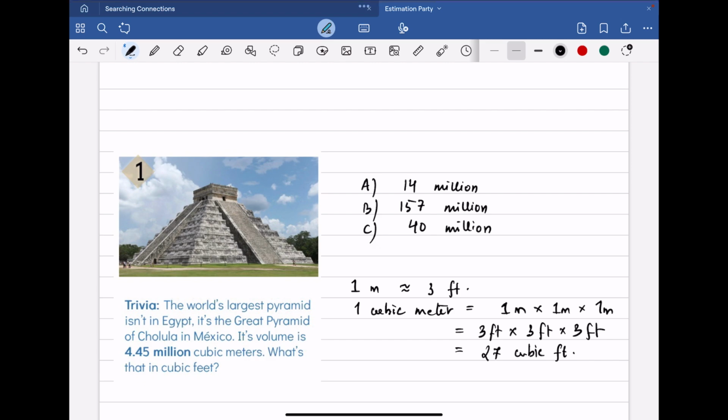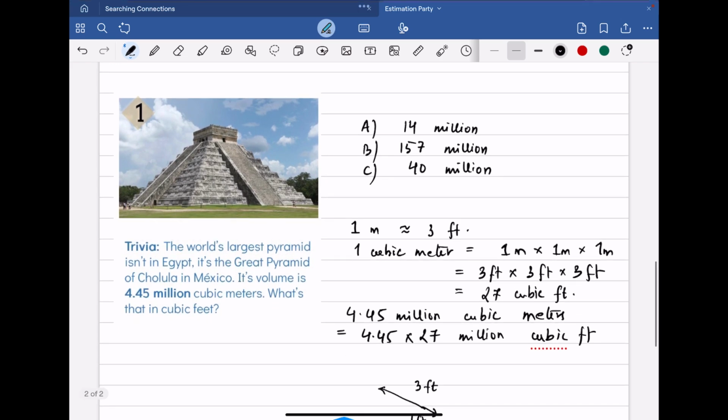Okay, if 1 cubic meter is 27 cubic feet, then that means 4.45 million cubic meters is equal to 4.45 times 27 million cubic feet. And how much would that be?